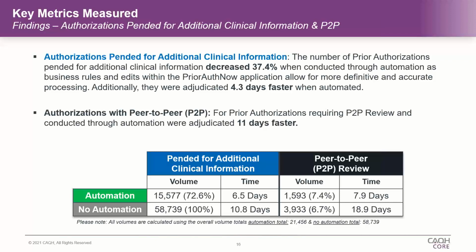And so that was on par with the performance of non-automated work. But we did see an improvement in that final adjudication, being informed of that final decision after the peer-to-peer, at 8 days compared to almost 19 days. So an 11-day improvement there.